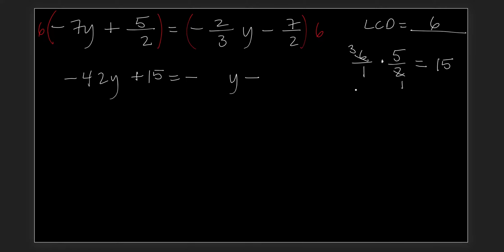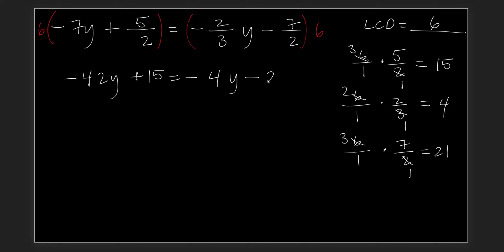So 6 times 2/3, and you can make that 12, you can multiply them straight across, 12 over 3, and see that as 4, or you can cross cancel and see that as 4. So that'll be negative 4y right there. And now we have 6 times 7 over 2. You just write that down and see what it looks like. And then that looks like 21. So 21 goes here. So now we have negative 42y plus 15 equals negative 4y minus 21.